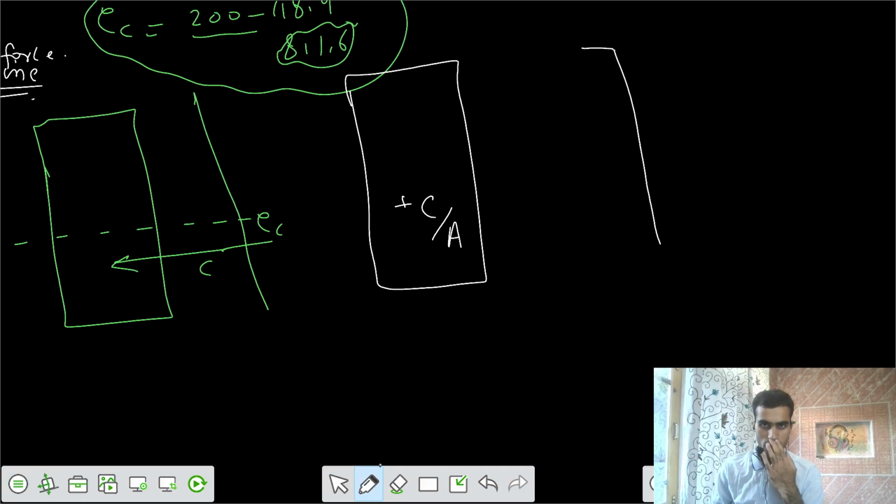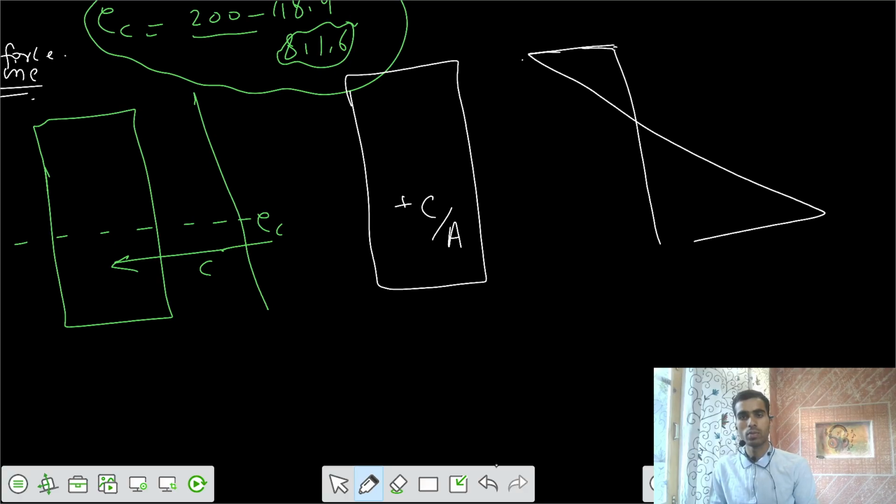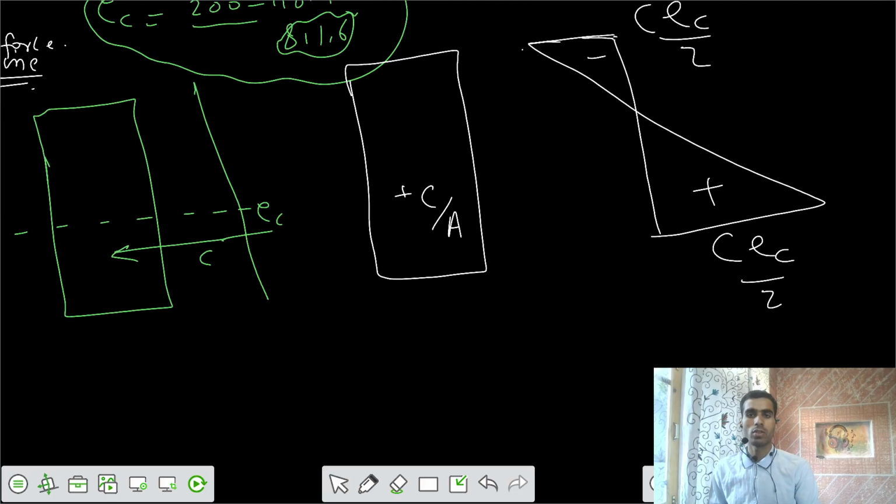Hogging means top tensile, bottom compressive. This value is C EC by Z, and the top is also C EC by Z, but the top is negative, the bottom compressive, positive.